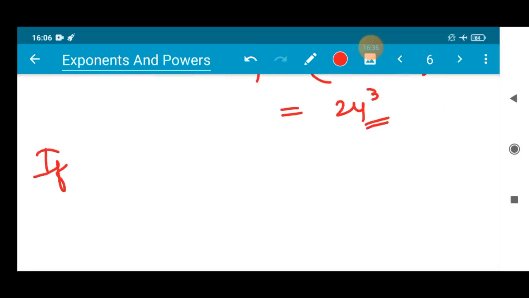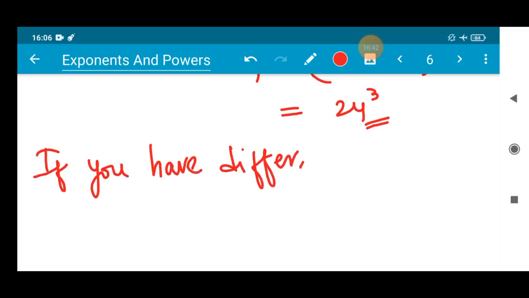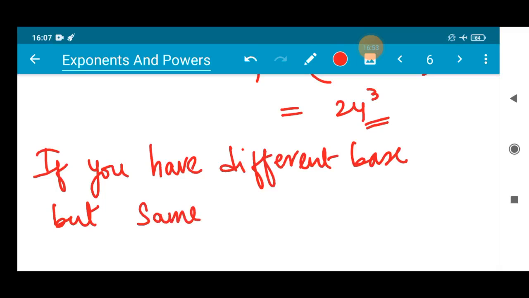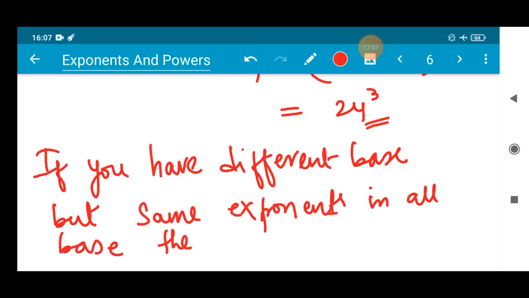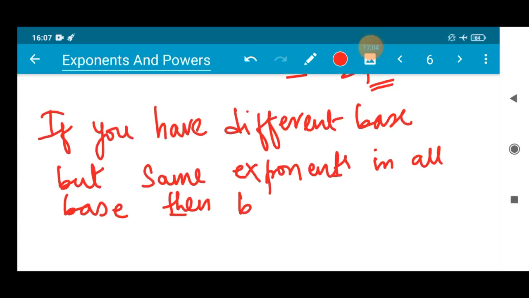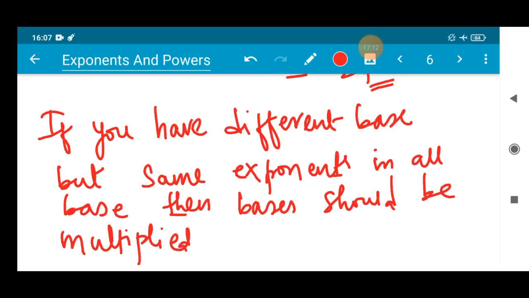So if you have different bases but the same exponents in all bases, then the bases should be multiplied, and one exponent should be written.